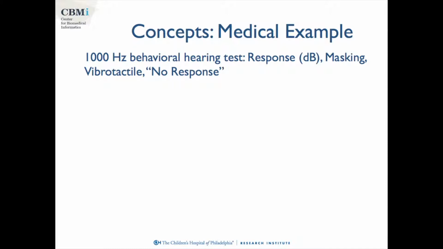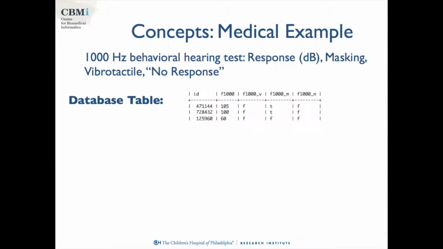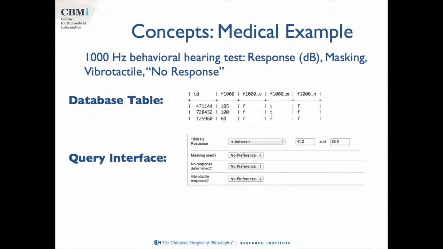But basically, this test is stored in a database table with response values, which are integers, and then various flags that are present that modify that result. And so in the query interface, you want to present these together. You want end users to not have to go digging around looking for, in this case, this vibrotactile response or masking. You would like to present all these as one unit, and so concepts allow you to do that.